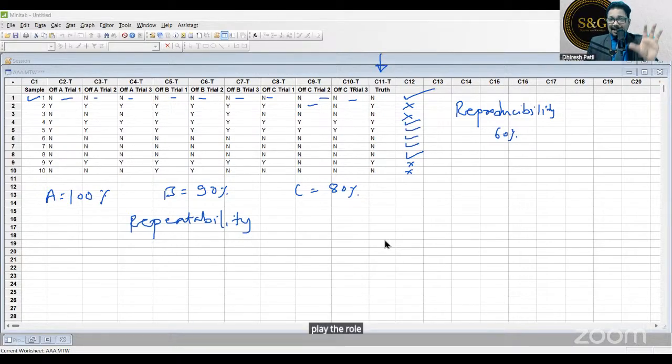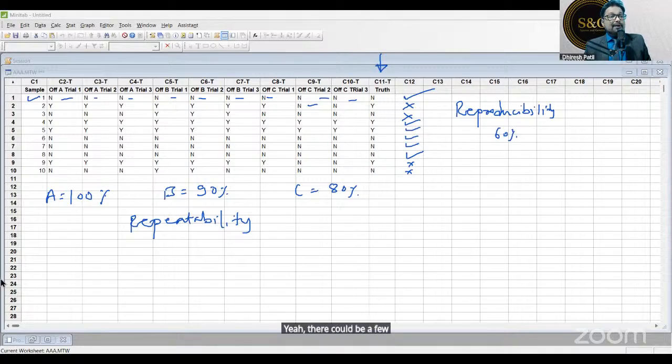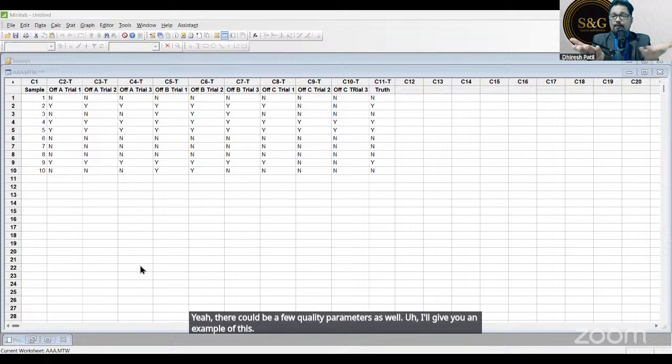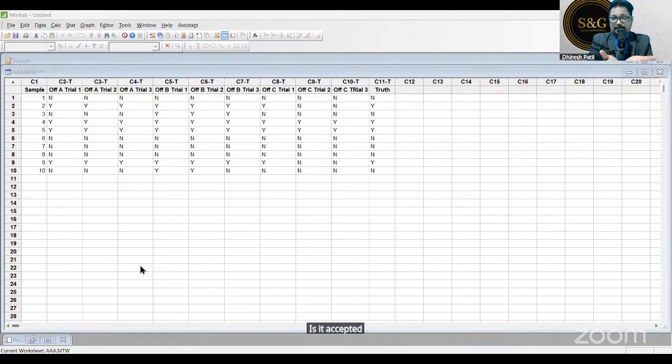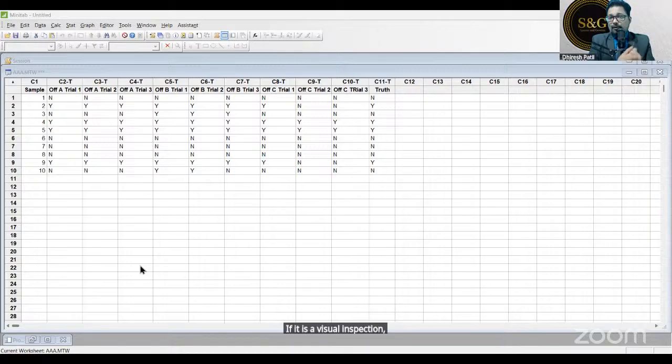Now, with Minitab, how can we do this? Let me talk about that first. There could be a few quality parameters as well. I'll give you the example of color. Let's say the color combination, whether it is an accepted color or a rejected color, if you're in a textile company. For the product you're making, whether the color is matching or not, if it is a visual inspection, then this will be applicable: accepted or rejected.